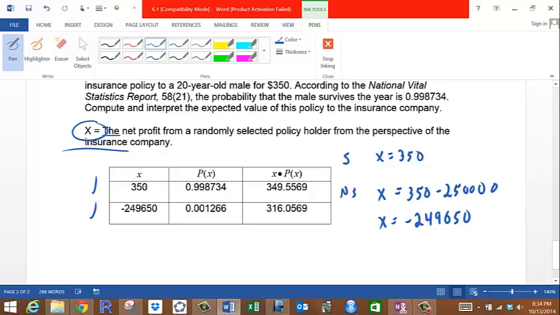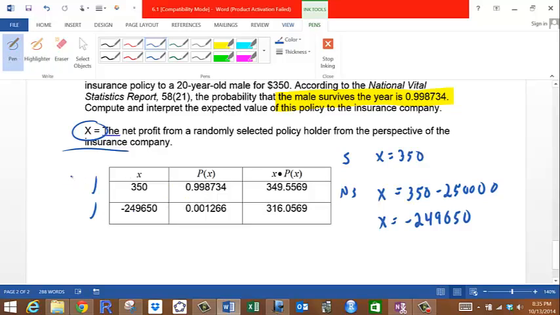Okay, and so now we've got two values here. Net profit is positive 350, or they lose this money, they pay out this. And the probability that the insurance company makes 350 is just the probability that he lives. And we're told in the question the probability the male survives the year is really good, 0.998734. So how do we get the probability he does not survive?